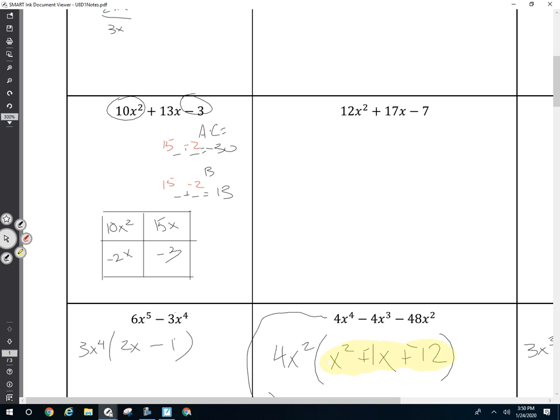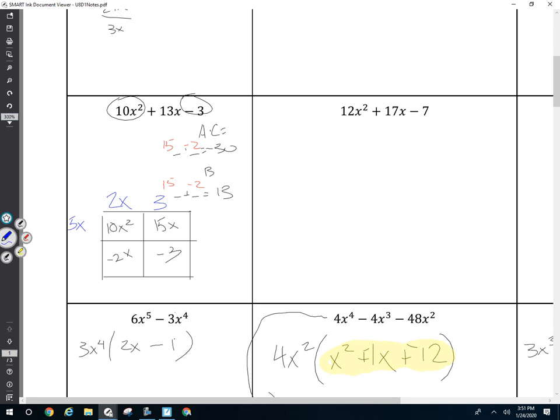So 5x cannot be pulled out of 10 and 2. 2 can. Right? 10 and 2, 5? No. 2x. We have to make sure we pull the most out. 10 and 2, 2 and x. 15x and negative 3, 3. 10x squared and 15x, 5x.